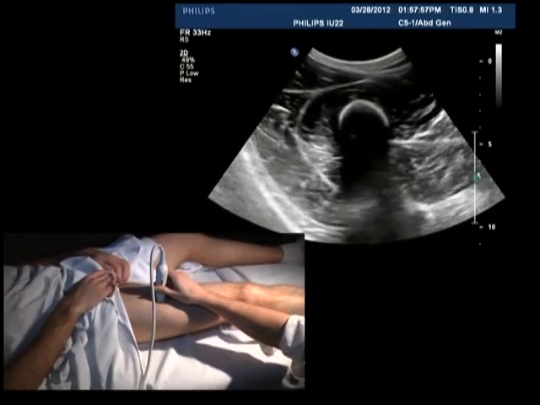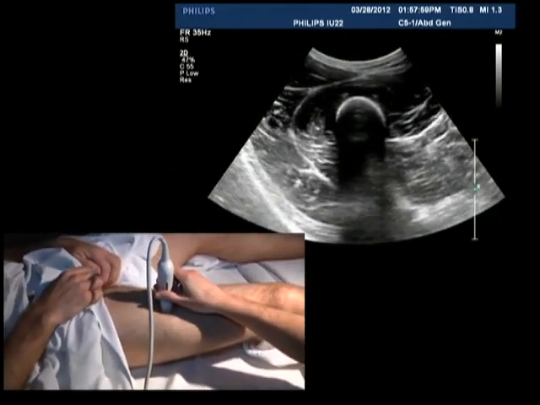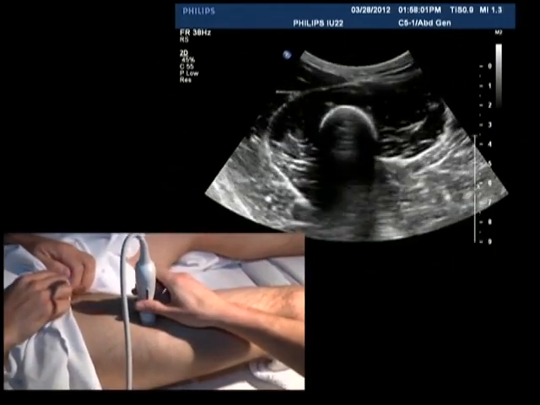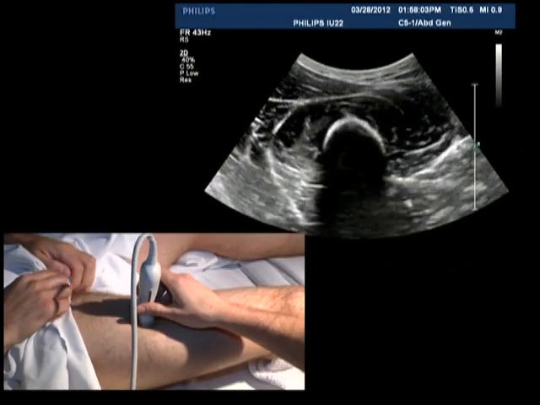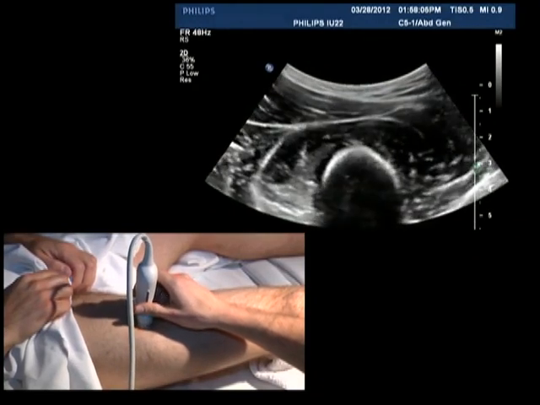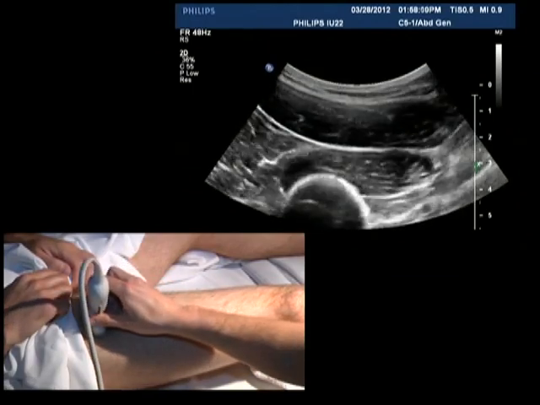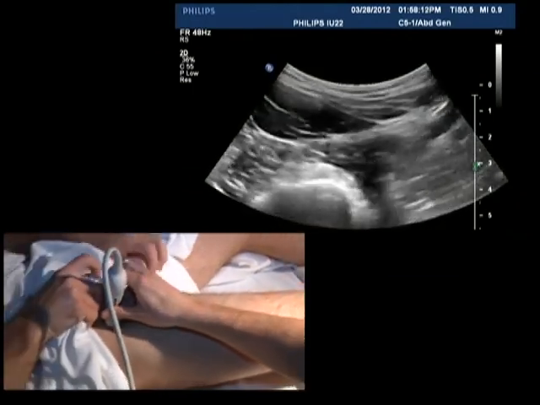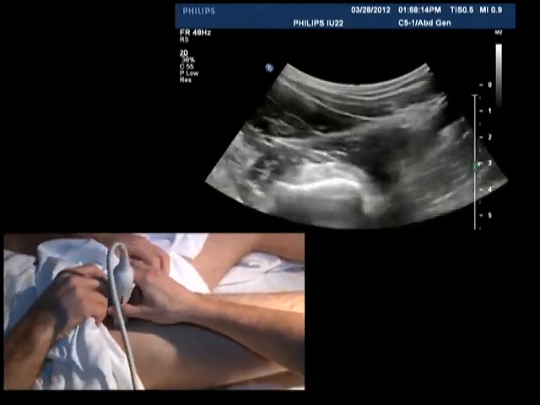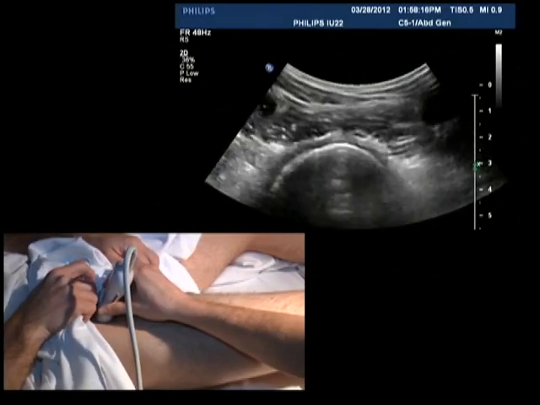The place I'll commonly start is somewhere I can find an easily identifiable landmark. So here I'm quite a bit distal to the joint itself, and I'm just localizing right over the femoral shaft. From there, we'll move proximally into the region of the hip joint itself. So here we're getting to the trochanteric region and then up toward the femoral head.